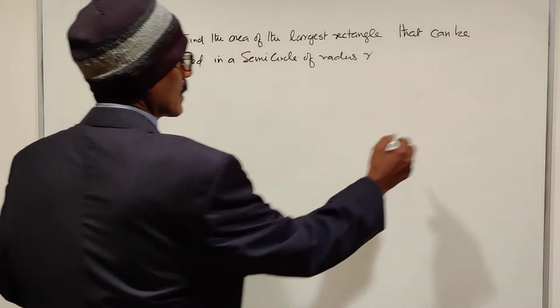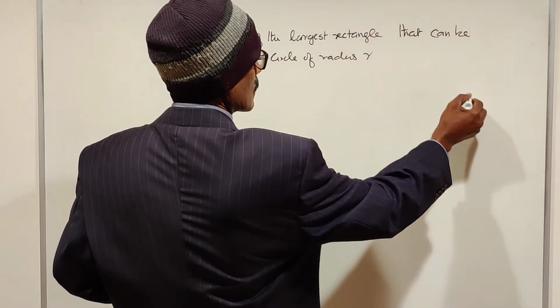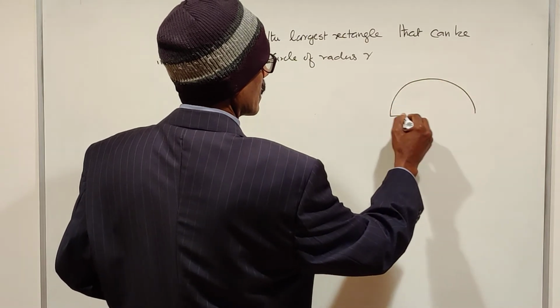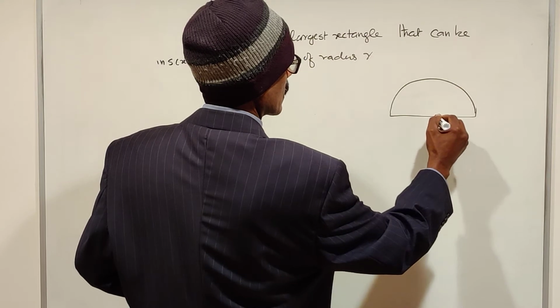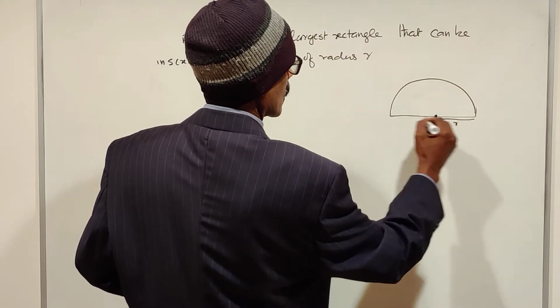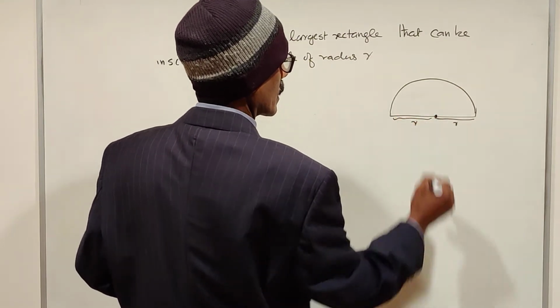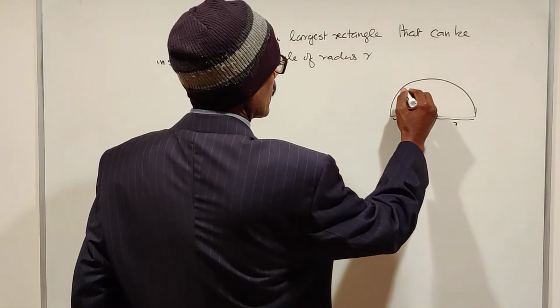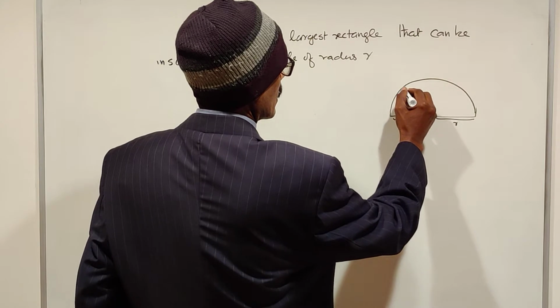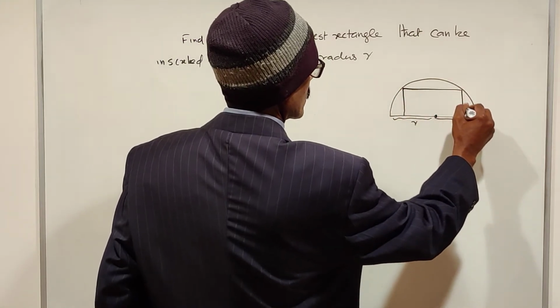A semicircle is a half circle, with radius r. From here to here is r, and from here to here is r. What is the largest area of the rectangle? That is the question.